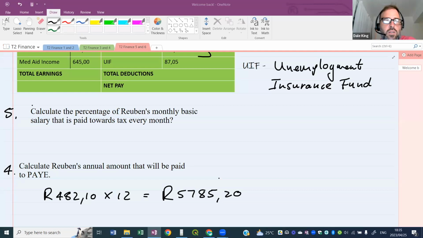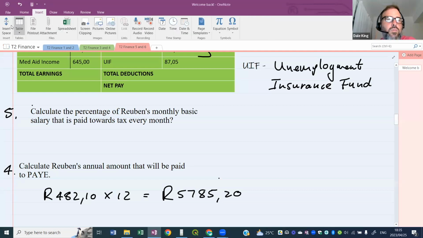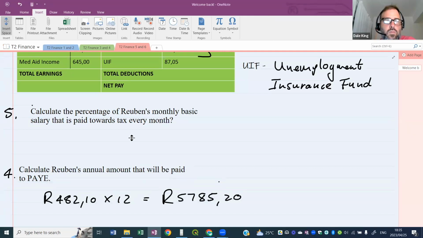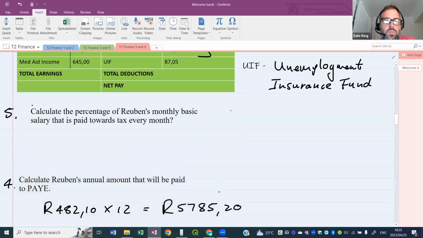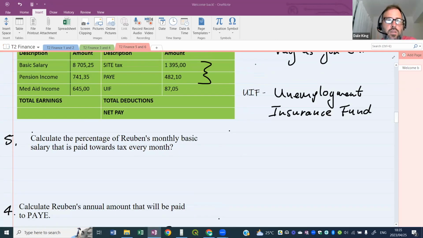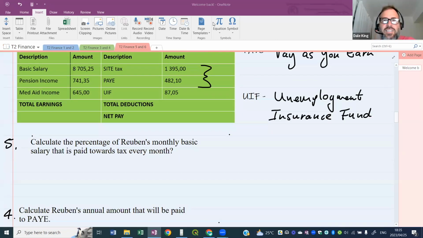Good job. All right, the answers are coming in. Ah, good point. There we go. So what we're trying to do is work out these 2 values here, the site value and the pay as you earn value.